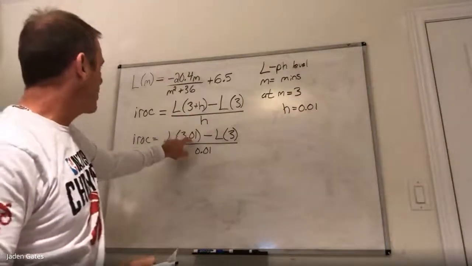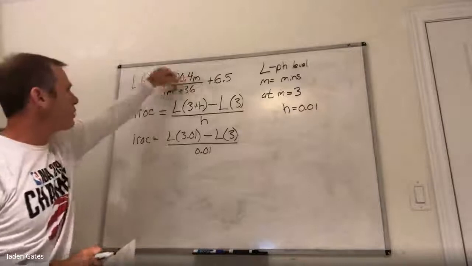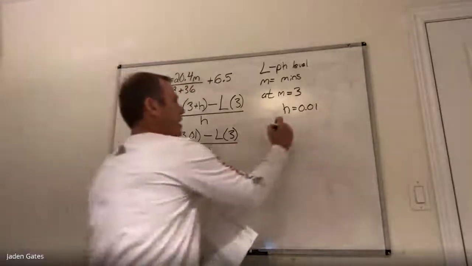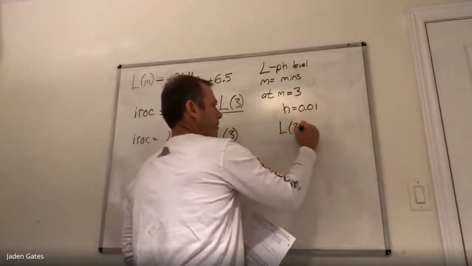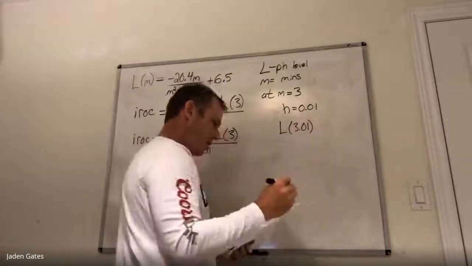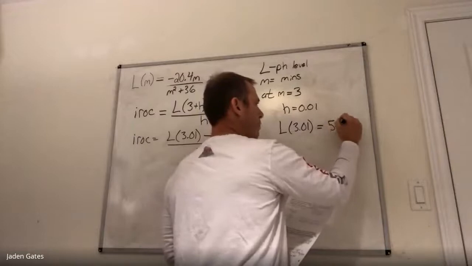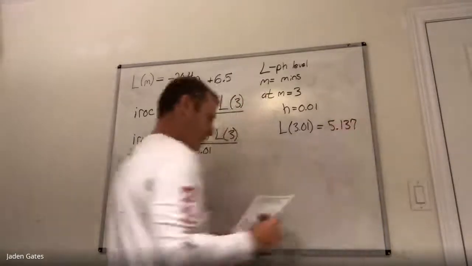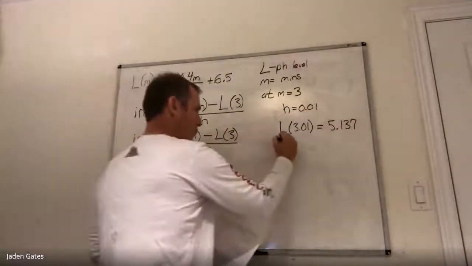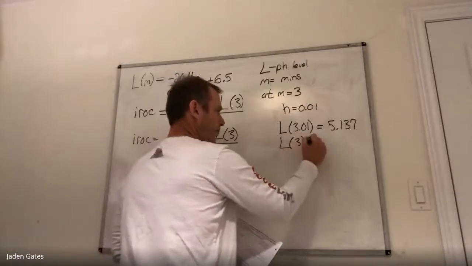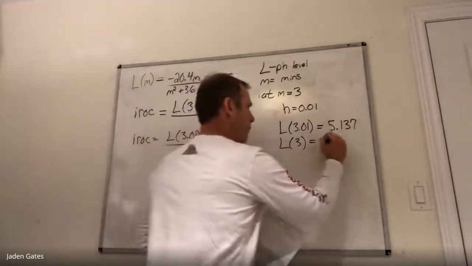When I substituted 3.01 into this equation, I got, and you'd have to check this on your own, down to 3 decimal places, 5.137. And when I plugged in 3, I got 5.140.